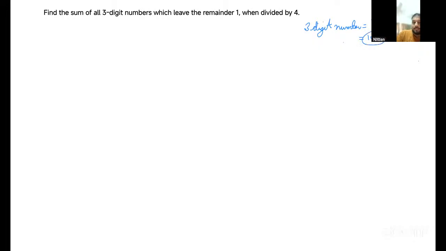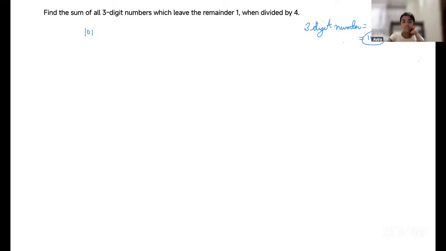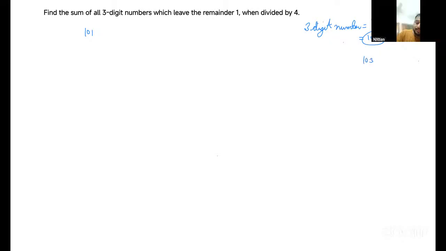Did you understand? Yes, sir. Now the next number can be? 103. If you say 103, I will divide it by 4, so it gives a remainder of 3, not 1. I need a remainder of 1.